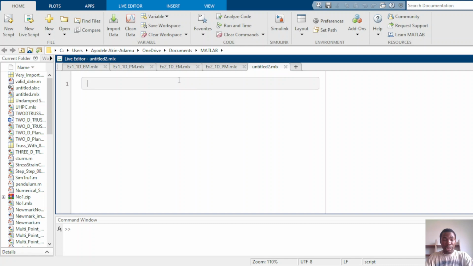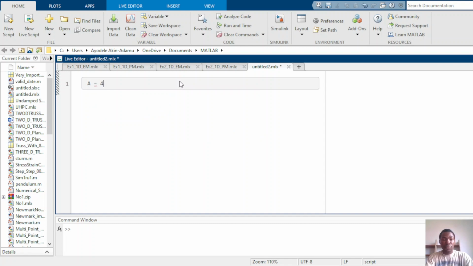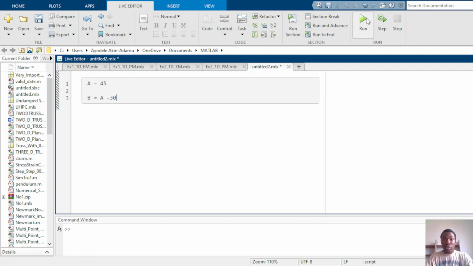Here I can write my code. Let me say A equals, say, 45, B equals A minus, say, 30. Now to run this code, I'll come to the Live Editor tab and click on Run.